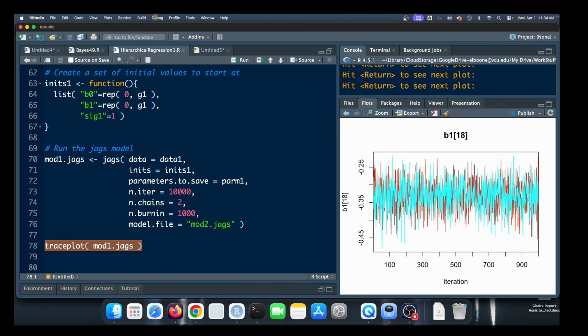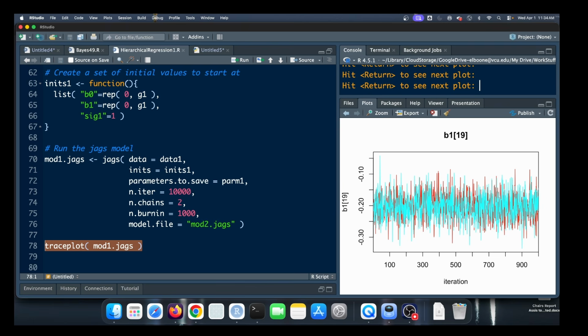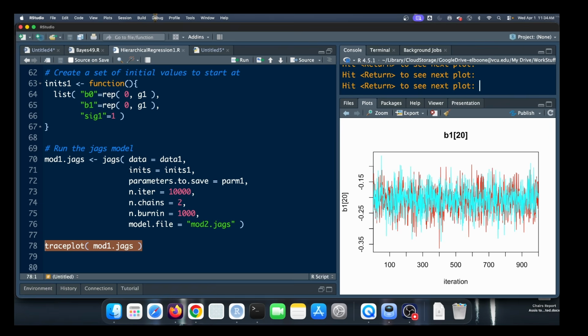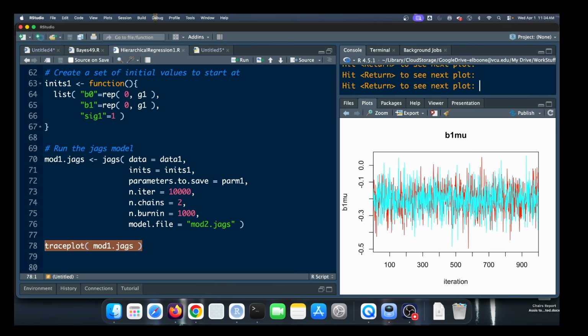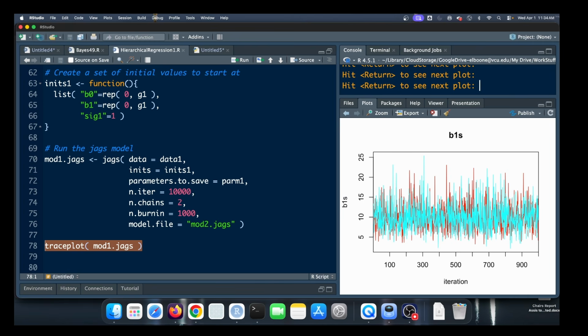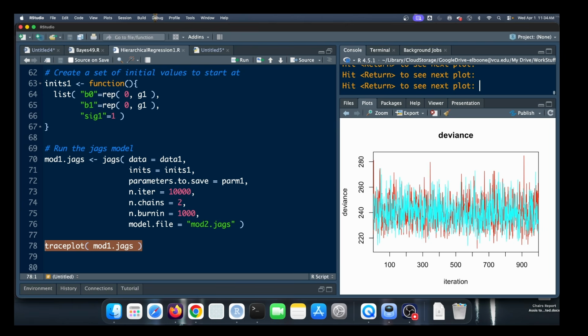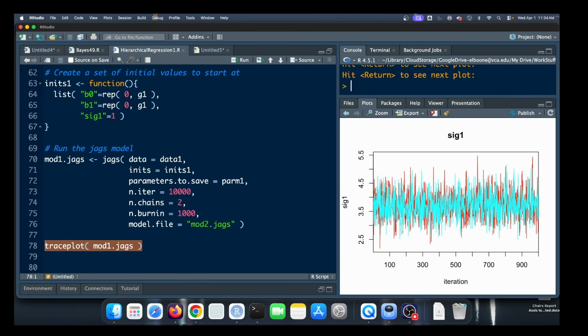And notice they're not all the same value, and that should be okay. All right, so we now have the average across all of them. So this is the average slope across all of the groups. And this is how much the slopes vary between the groups here. And here's the deviance, which we always love, and sigma 1, which is the variance of the data.